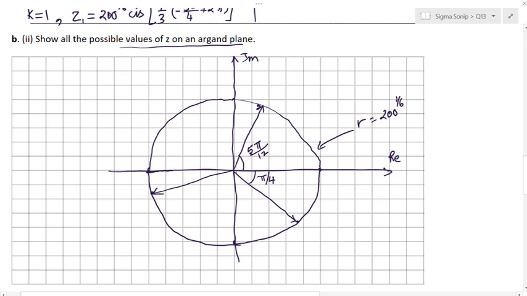That angle will be pi over 12. And we can just name them. So this is my z0, z1, and z2.